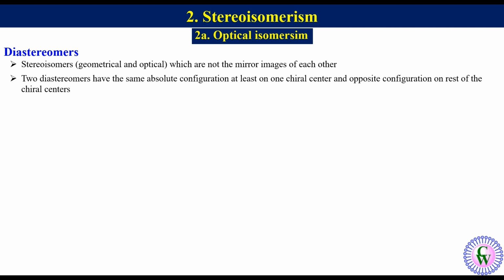For example, cis and trans are E and Z isomers. In this, we will take the example of cis-2-butene and trans-2-butene.